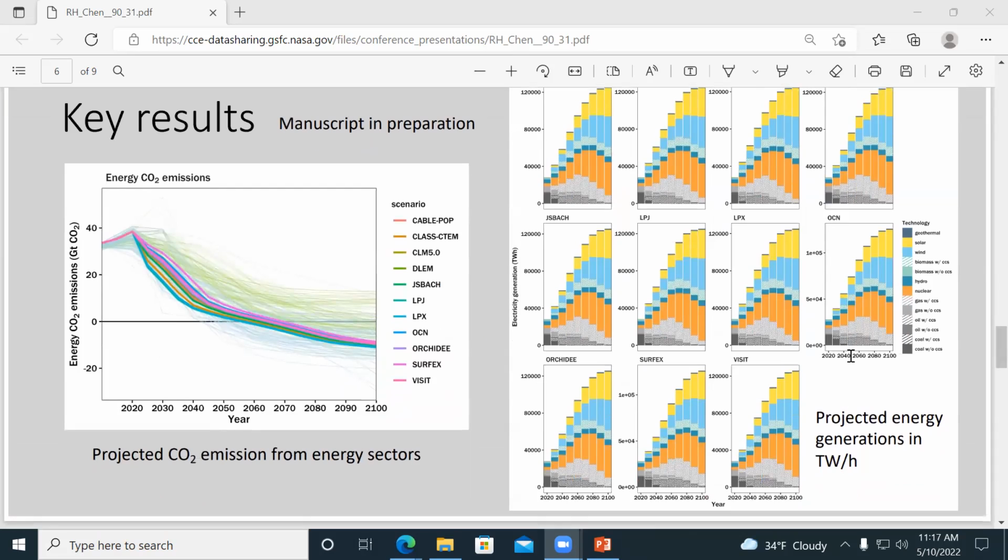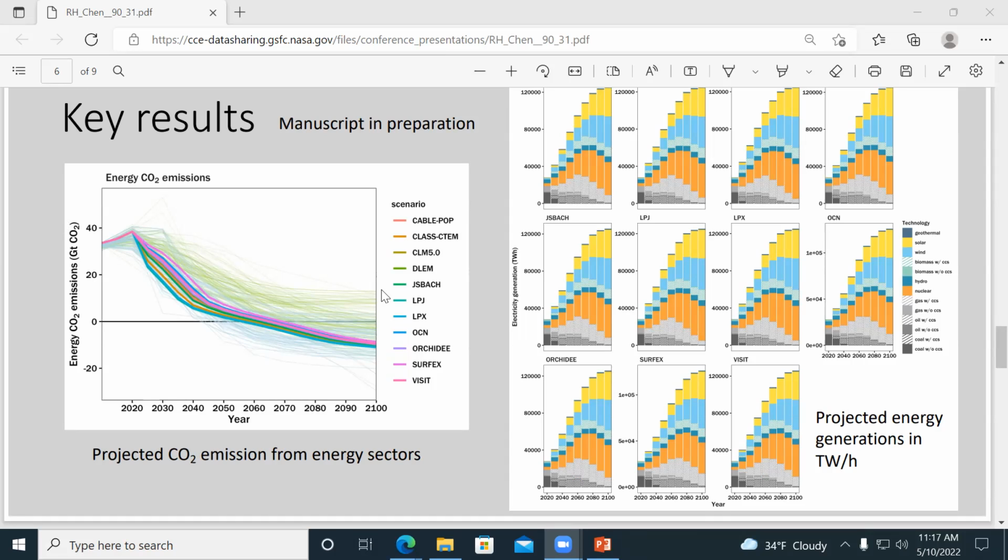So here are the key results. We see the CO2 emissions from energy sectors go up and then drop down to reach the very ambitious 1.5 degree climate mitigation goal.